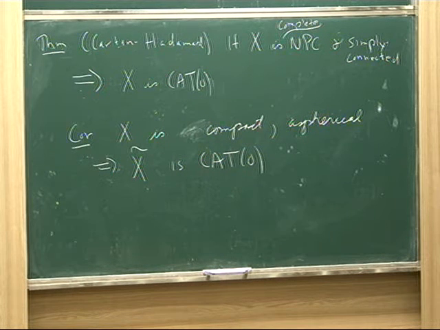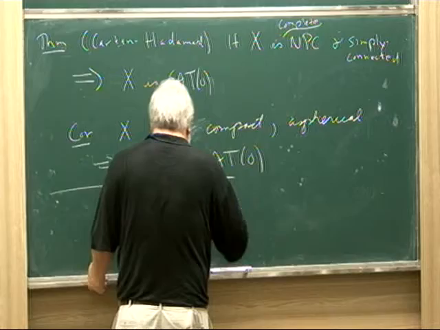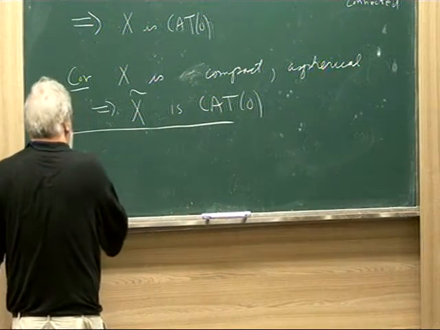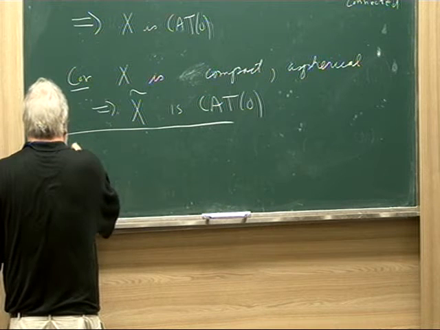Now we wanted to talk about when cubical complexes were CAT(0). In fact there's a very simple condition for this, which we've seen before.